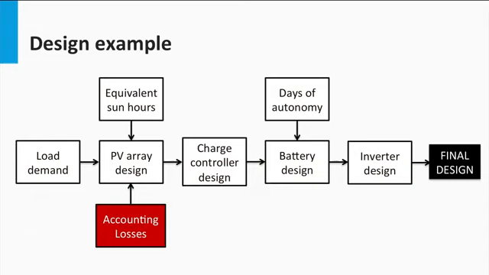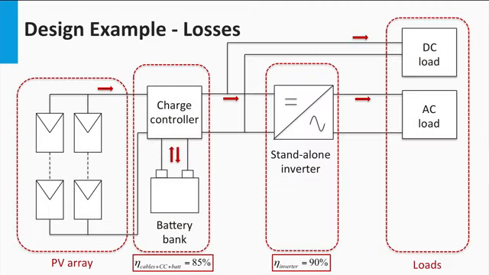In doing so, we want to estimate the minimum power that the PV array is expected to deliver. Here, we have the various efficiencies of the system components mentioned. The inverter is supposed to have an efficiency of 90%, while the combined efficiency of the charge controller, battery and cables is 85%.